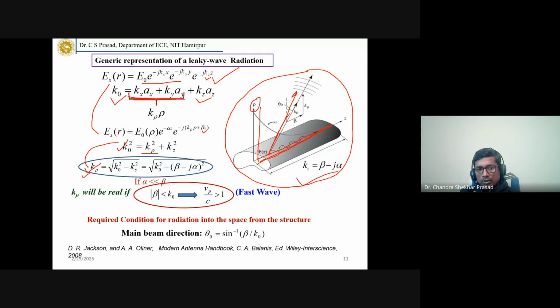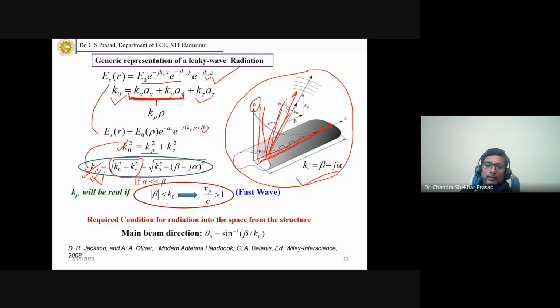Now just recall, to have some wave coming out in this rho direction, perpendicular to, or out of, this structure, this k rho must be positive, or real. So when will this be real?